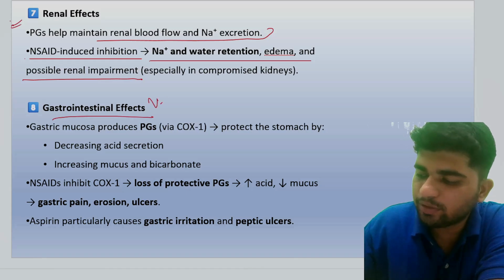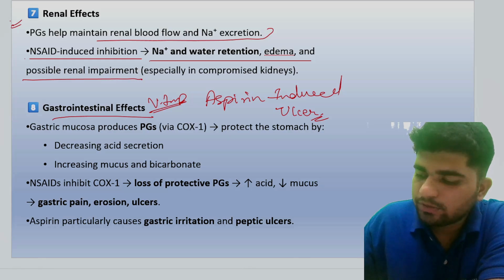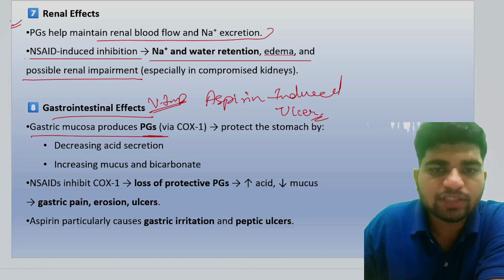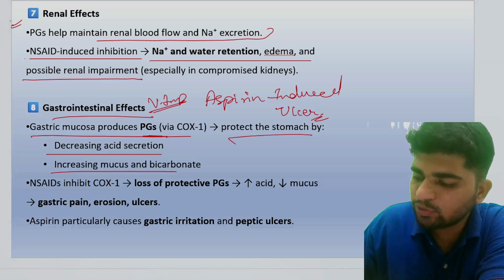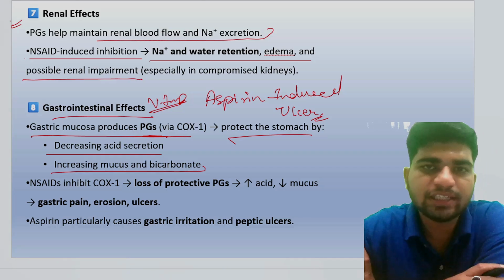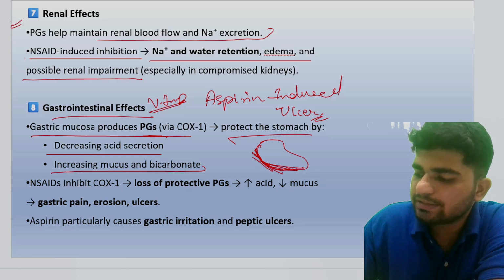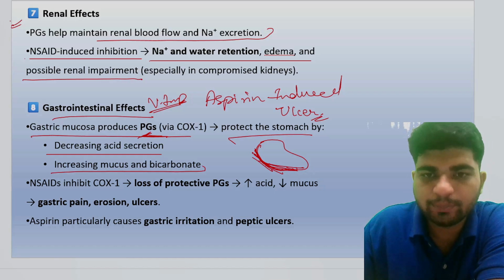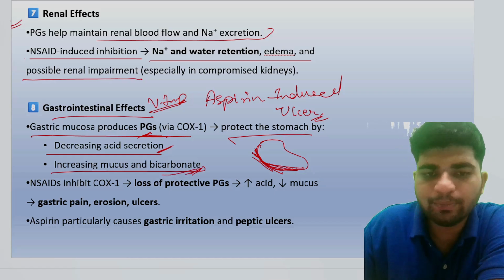Gastrointestinal effects. This one is very important for you guys. This is the case of aspirin-induced ulcer. The gastric mucosa produces PGs, that is prostaglandins, via COX-1 enzyme and protects the stomach by decreasing acid secretion as well as increasing mucus and bicarbonate.